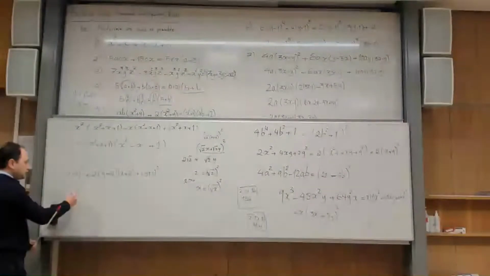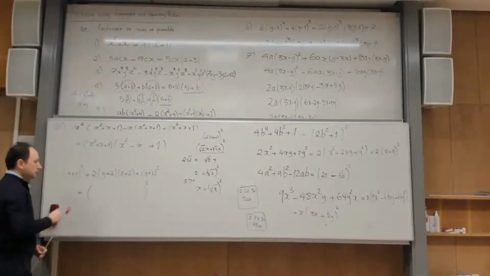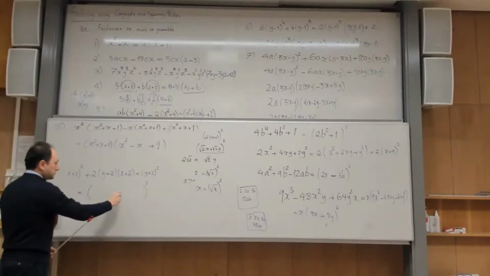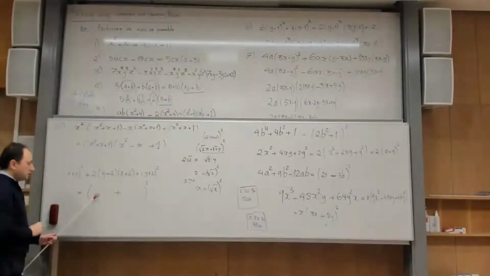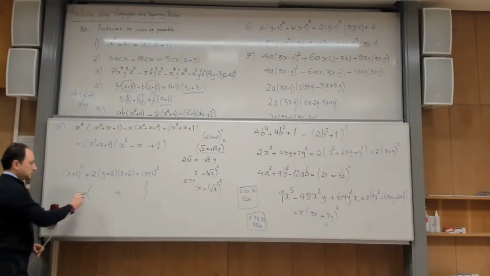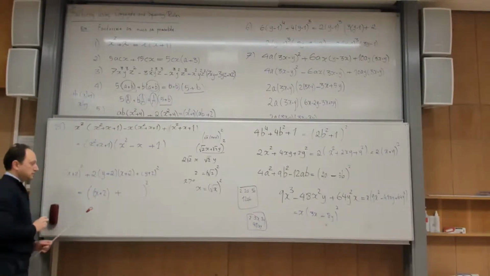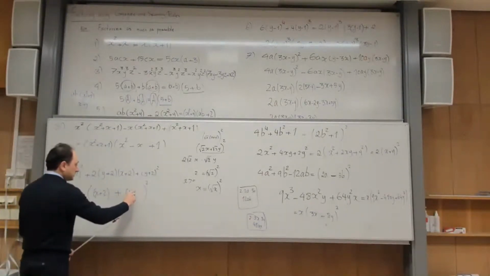So what can I write if you see the pattern? So I need to write this one to power 2. This middle one is positive. Okay, what should I write here and there? What should I write here? X plus 2. X plus 2. And what should I write there? Y. Y plus 2.